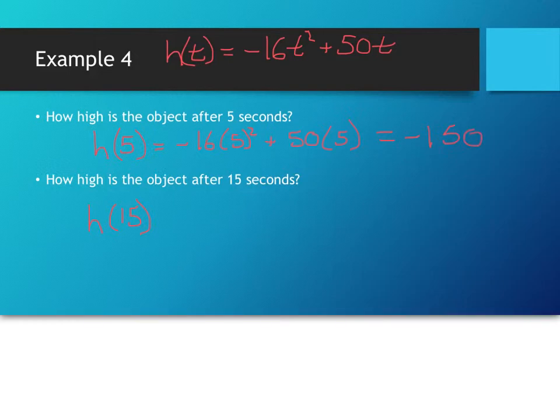Now that's kind of an odd thing to get. And by the way, you get a negative when you plug in 15 as well. All right, and that's negative 2,850. Okay. Now, what does that actually mean, or did we get something that was really bad?